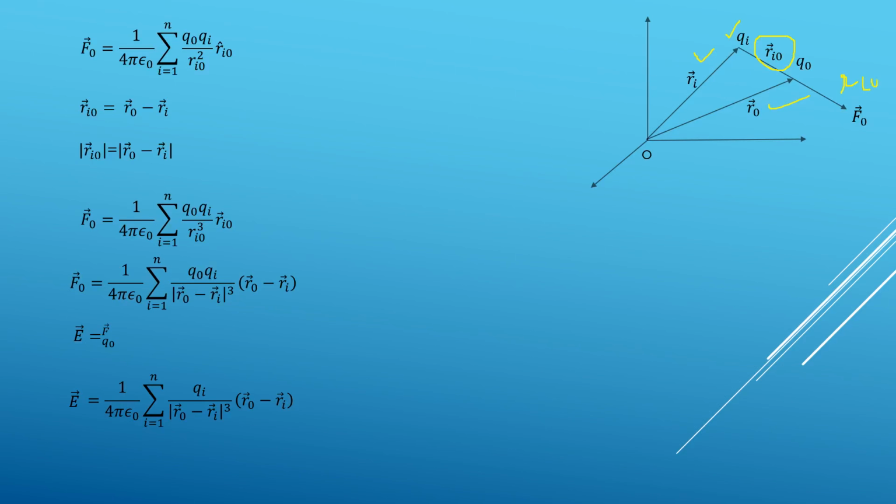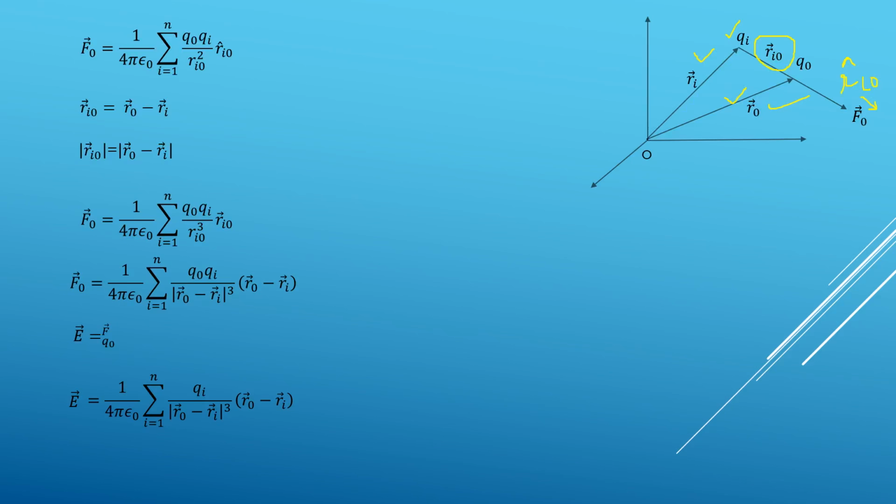So Ri naught can be written as, these two are in the same order, this is in the opposite order, so the resultant is this one. Ri naught can be written as R naught minus Ri, and its magnitude is written as mod of R naught minus Ri.